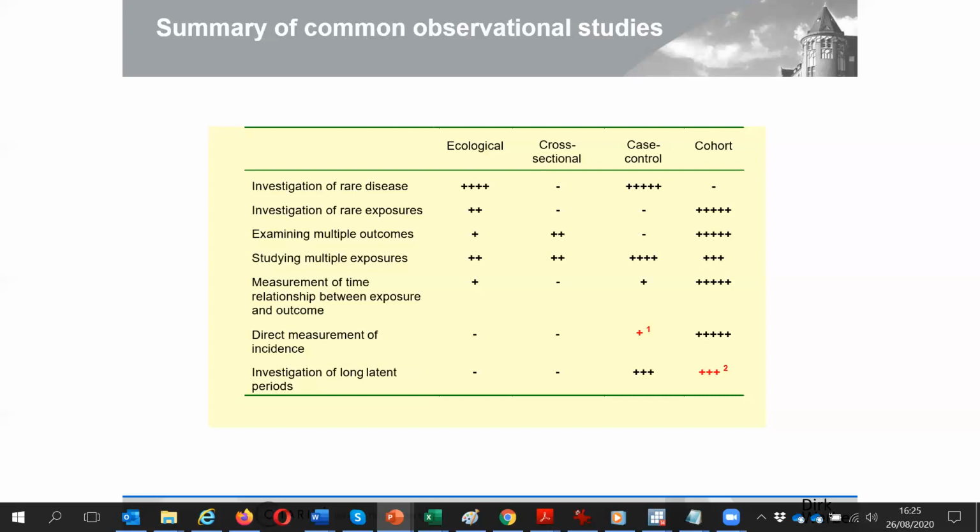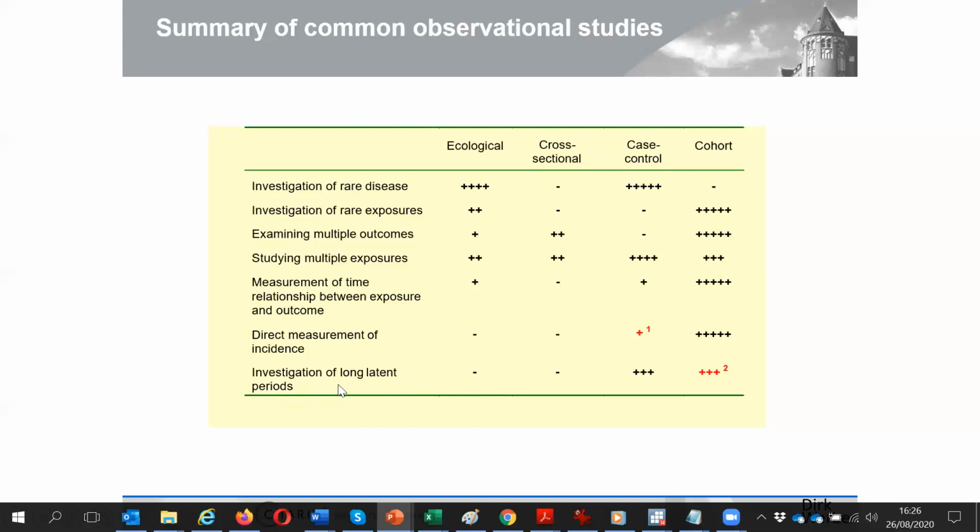But for case control studies, you see there's a red here. It means that for rare diseases they can be good, and they can estimate the incidence based on the formula.